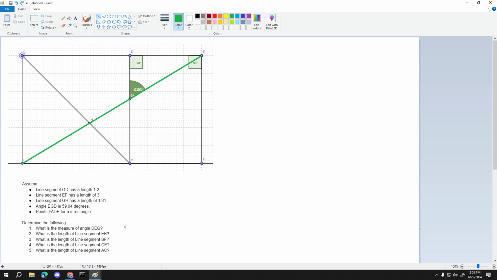That is line segment EB. What is the length of line segment BF? So BF. What is the length of this? What is the length of line segment CE? So what is the length of this? And finally, what's the length of line segment AC?